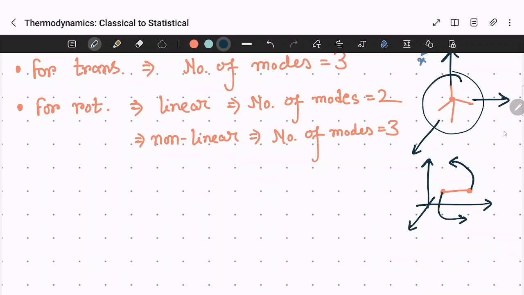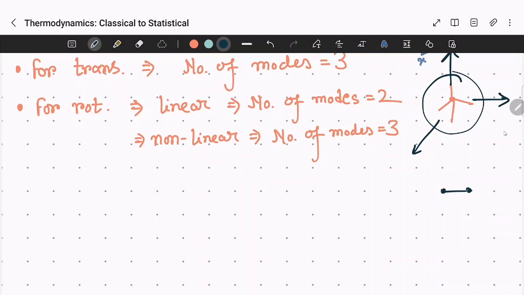Or it can rotate in this way. There are two possibilities. It is difficult to visualize, but think of a pen: you can rotate it only in two ways, because if it is a linear molecule, rotation around its own axis is not really a rotation.